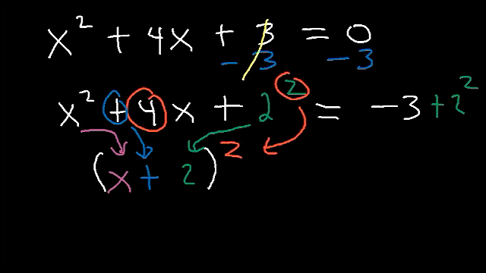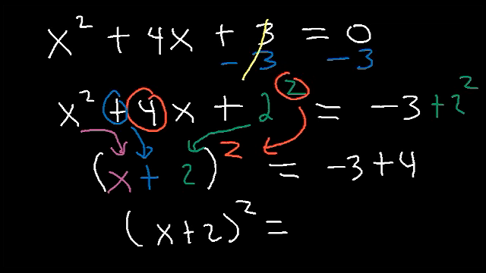It's always going to work that way. And on the right side, let's add negative 3 plus 2 squared. 2 squared is 4, and negative 3 plus 4 is 1. So this is what we now have.